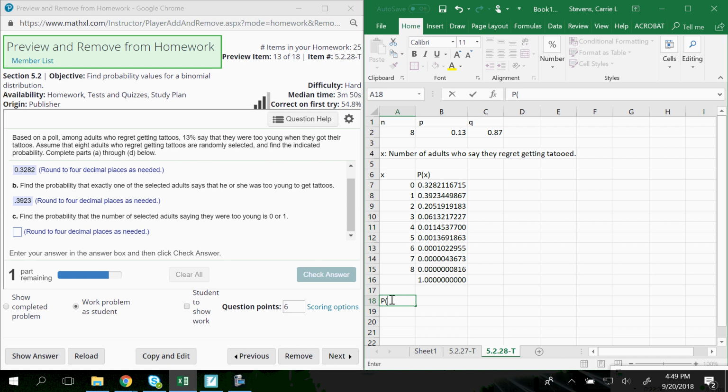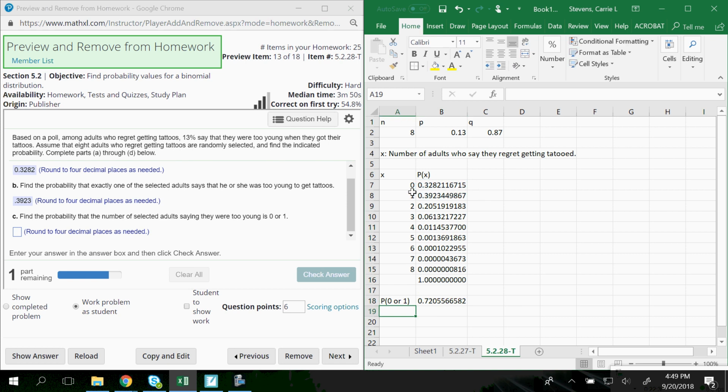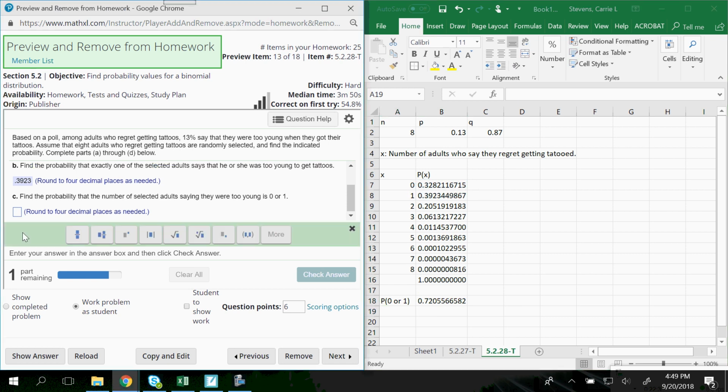So P of 0 or 1 is the sum of these. So that would be 0.7206 to 4 decimal places. Okay.